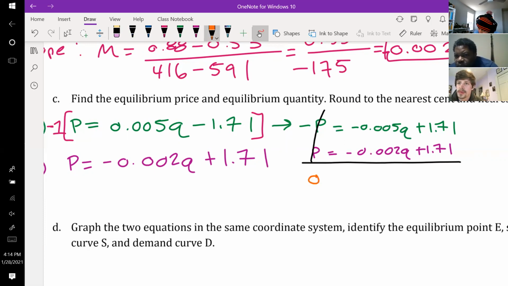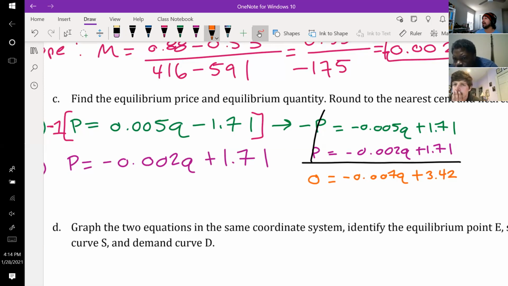Once you do that, you'll be able to do something with the q's. Exactly. So now you get 0 on the left, and now you can add the q's up, which I'm assuming gives me negative 0.007 Q plus, and your 1.71s actually add. You get 3.42. Let me just make sure my decimal work is right before moving on.